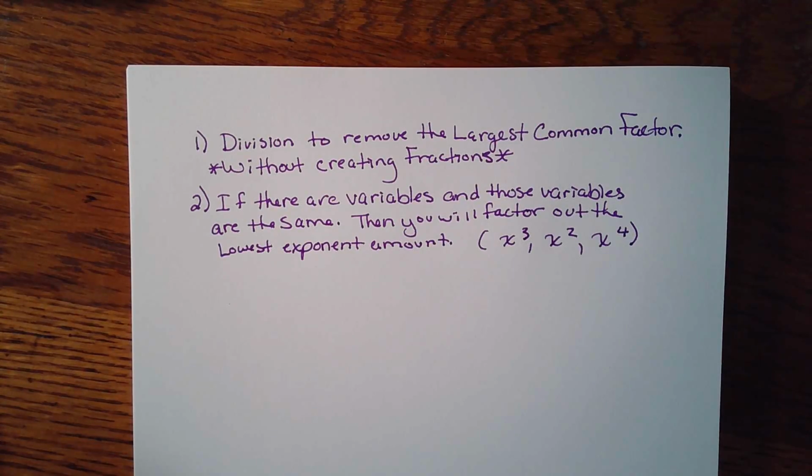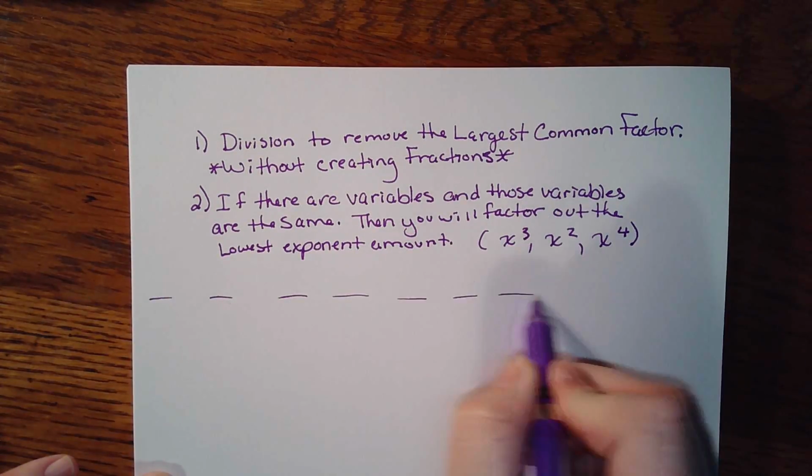So if all of the terms in that polynomial have an x, then you look for the smallest exponent. If that lowest exponent is, in this case, a 2, then you can factor out an x squared from all three of them. Okay, so enough about the rules. Let's go through some examples.